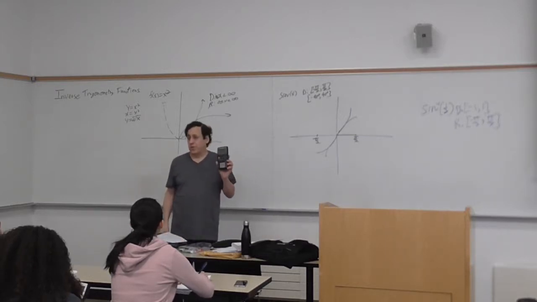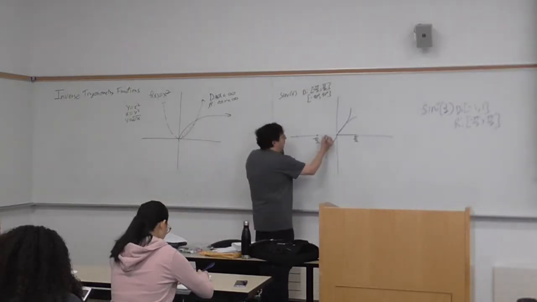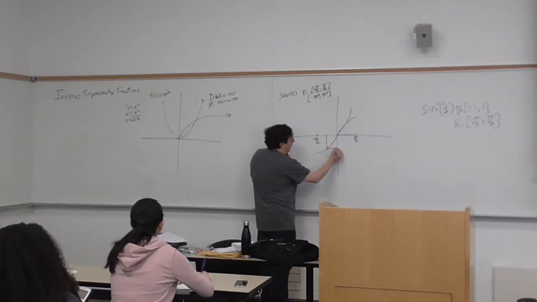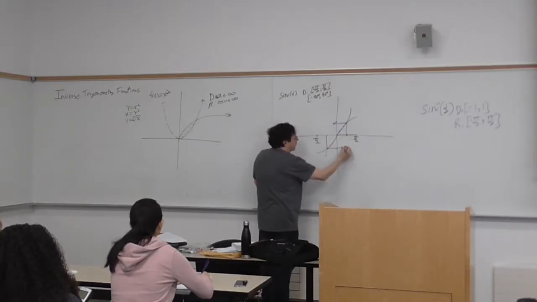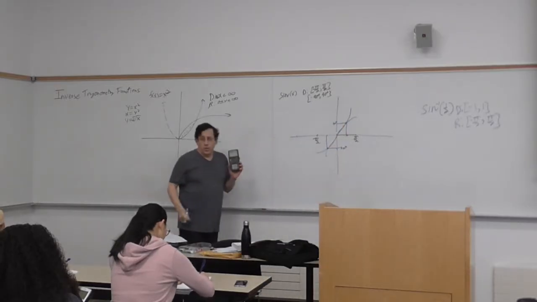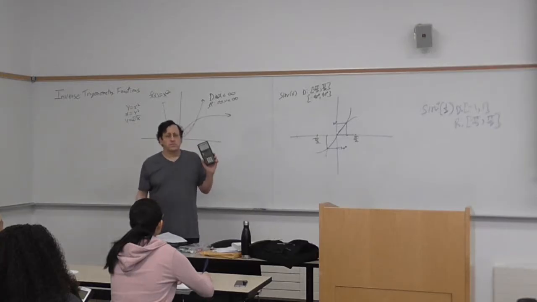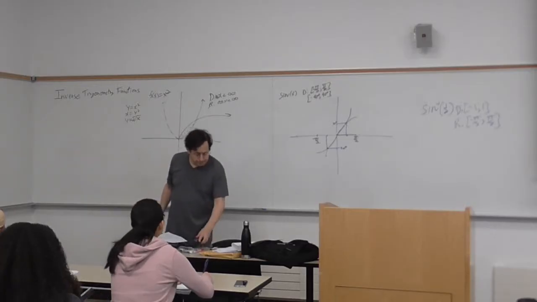Okay, I get -30. In other words, I put -1/2 here, and I get -30. If you put in 1/2, you'll see you also will get 30 degrees. So what I'm telling you about this arbitrary decision is maybe not arbitrary, but it's very common. All your calculators will do this.